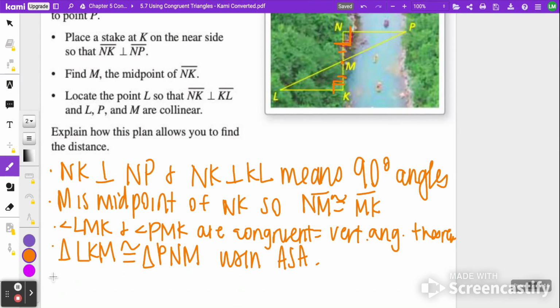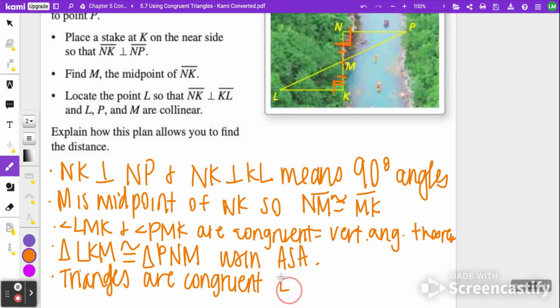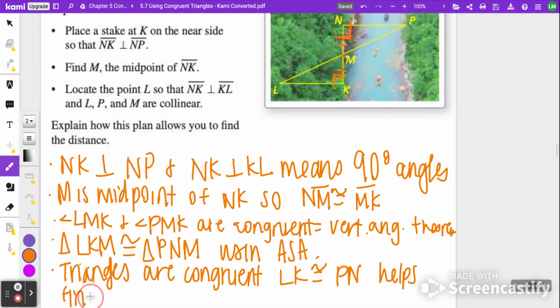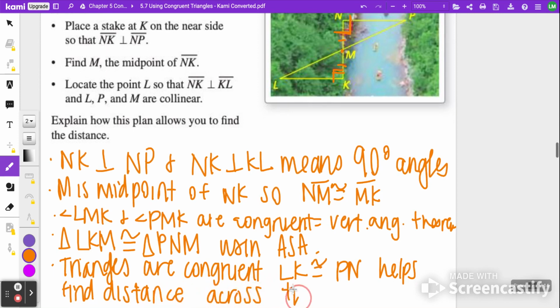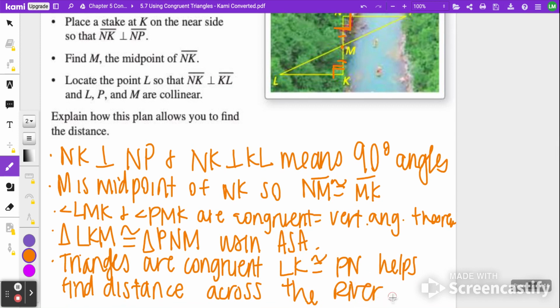And we can also say that the triangles are congruent, so LK is congruent to PN, which helps us find the distance across the river. Okay.